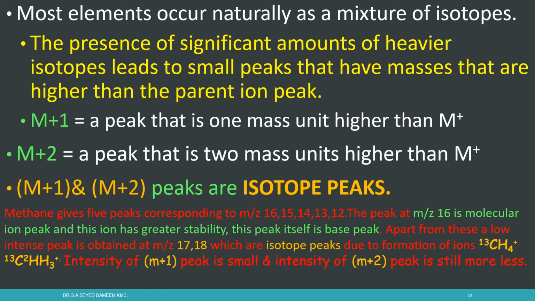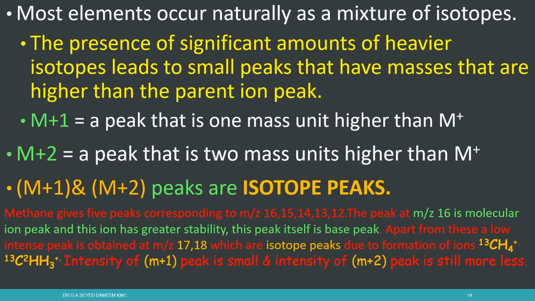For example, methane. We have already seen the fragmentation of methane. Methane gives a total of 5 ions including the molecular ion, with different masses, that is m/z 16, 15, 14, 13, 12. These ions give 5 peaks with m/z 16, 15, 14, 13, 12. Apart from these peaks, peaks are obtained with m/z 17 and 18.